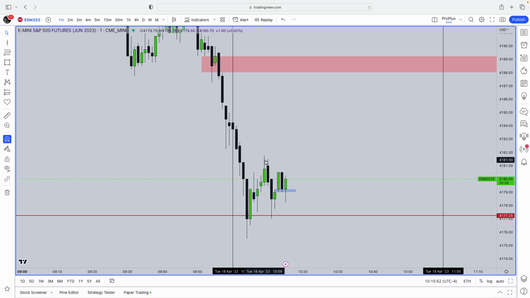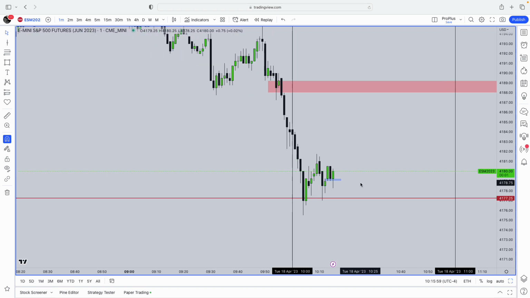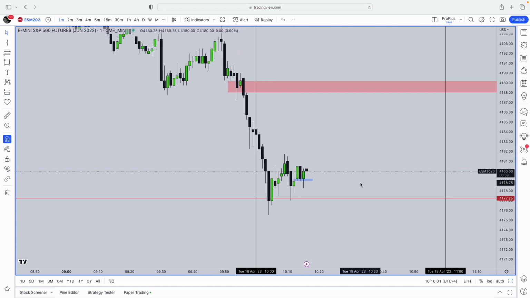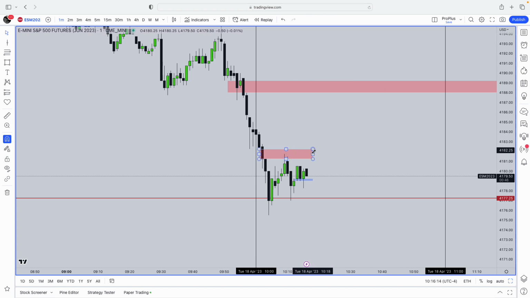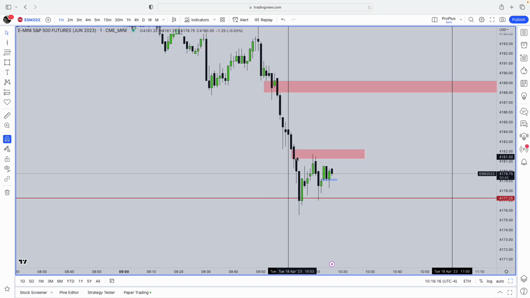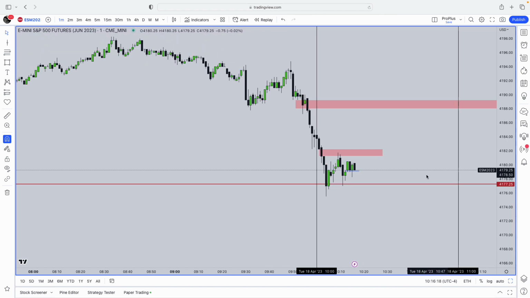I want to see this high get taken out for a market structure shift and a fair value gap. As well, potentially you want to be trading above this as well, or at least a candle closed above this. Yeah, this CB.